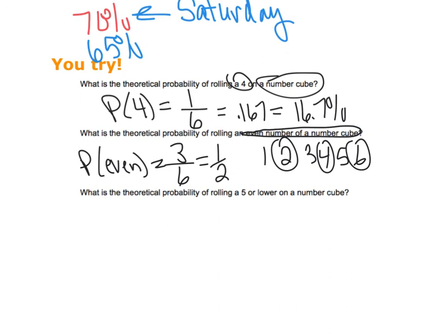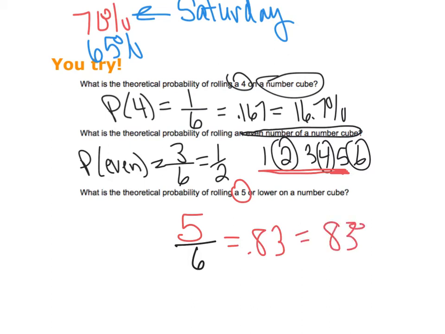Probability of a 5 or lower. Well, again, we have 6 possibilities. If we look up here at the numbers I already have listed out, 1, 2, 3, 4, 5, 6, it says a 5 or lower, which means we are going to include that 5, which means we are going to have 5 options out of 6, which is 0.83 repeating, which is about 83% chance of getting a 5 or lower.